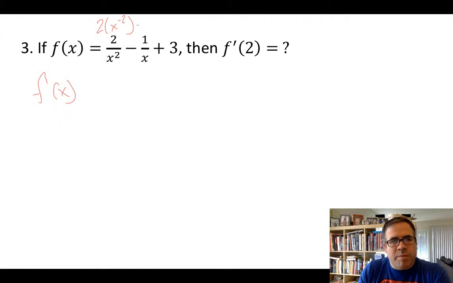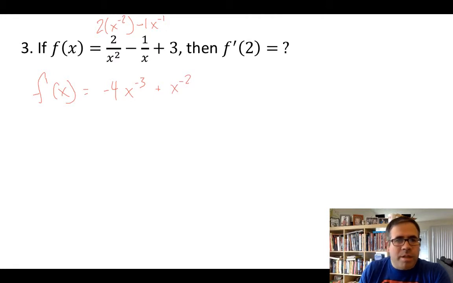And similarly, this would be minus 1 times x to the negative first. Let's take derivatives using the power rule. So this becomes negative 4 x to the negative third plus x to the negative second, and then the derivative of 3 is just 0.